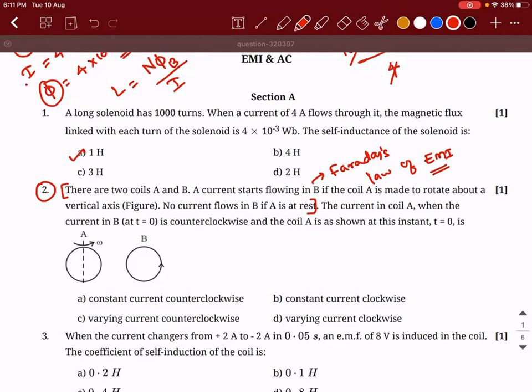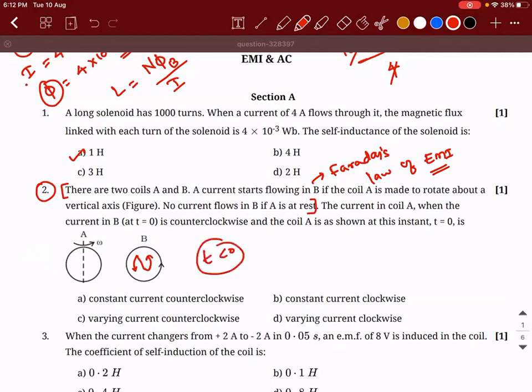So what pole will get generated? North pole. Very good. So it is North pole, correct? Yes, sir. So when it is North pole, this is revolving, right? So initially at T is equal to 0, the coil A would have been at rest. But at the instant it was put into revolution, before T is equal to 0, both of them would have been at rest.